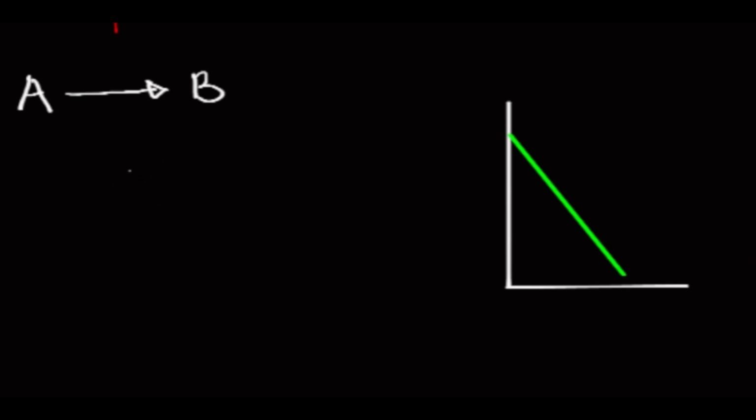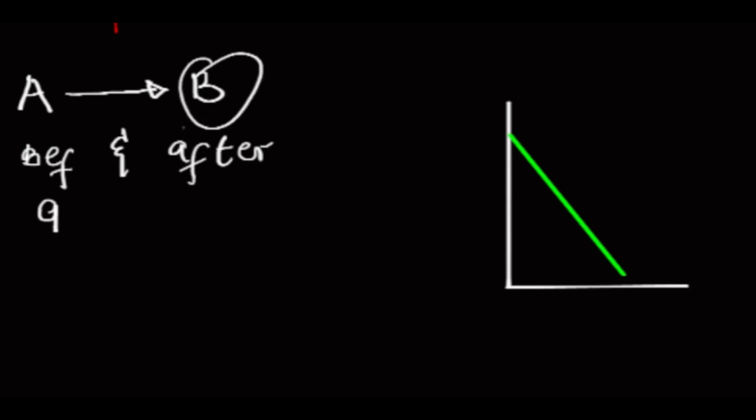What I'm saying is that let's consider before and after. Before A got converted to B, A is going to be present at a certain amount, which I'm going to represent as A. But before the reaction occurs, B is in an unknown amount, because we do not know the amount of B. Or let me simply say, B is not yet produced because A has not undergone the reaction.